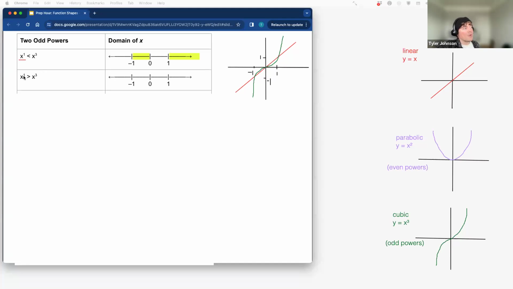And for the opposite, if I wanted my first power to be larger than the cube, that happens in two spots. First power, the red line is on top for my positive fractions, and the red line is on bottom when I have negatives smaller than -1.